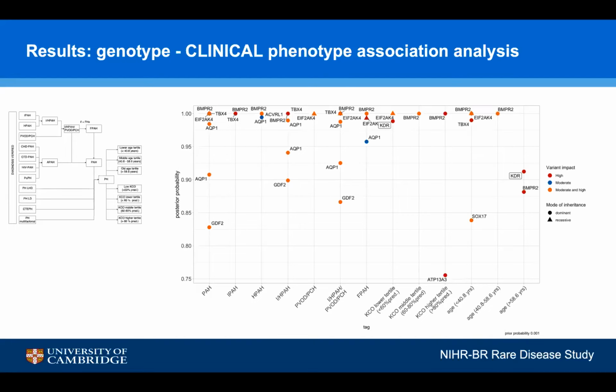And if you remember the previous slides and the genes that were shown before, we managed to replicate almost all previously reported risk genes. And additionally, we found 2 new associations, namely association between patients with PAH and KCO in lower tertile, and PAH and old age. So only protein truncating variants were found to be associated with these two clinical phenotypes.